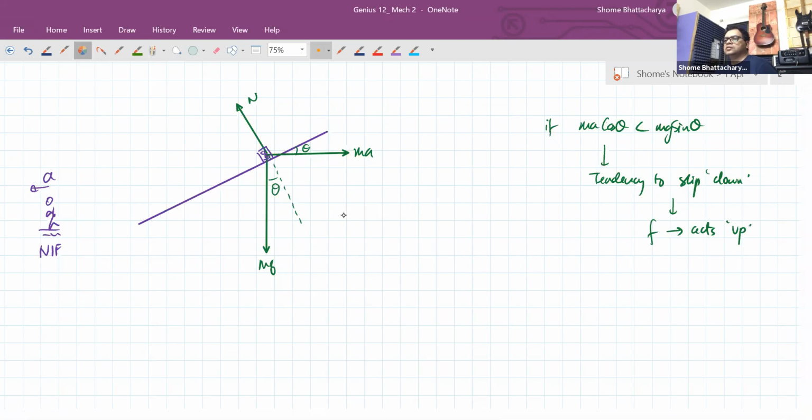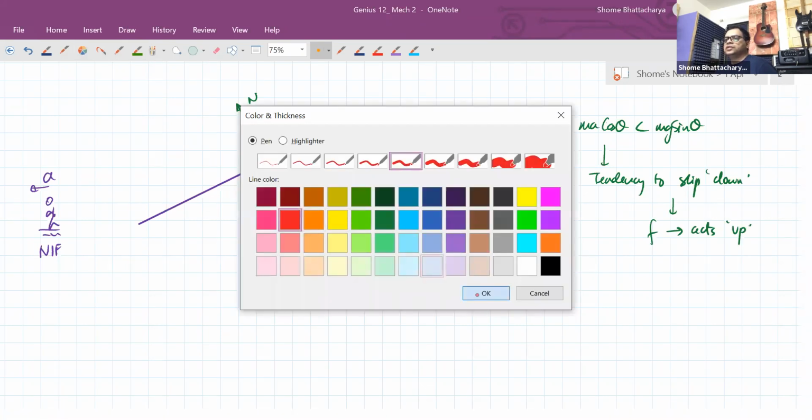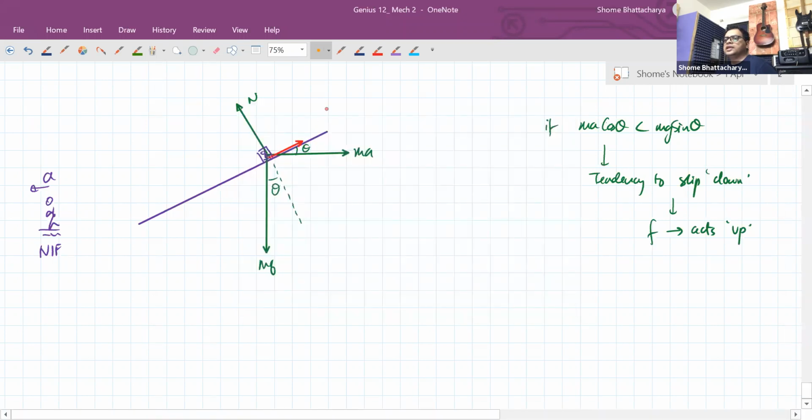In this case, we should take the direction of static friction like this. The condition for equilibrium in this frame is that normal reaction is mg cos theta plus mA sin theta, and static friction plus mA cos theta balances mg sin theta.